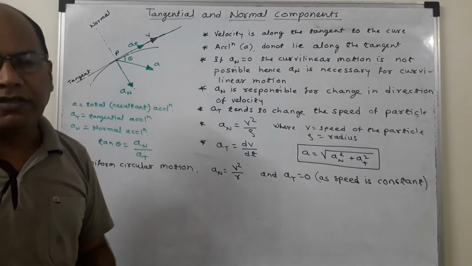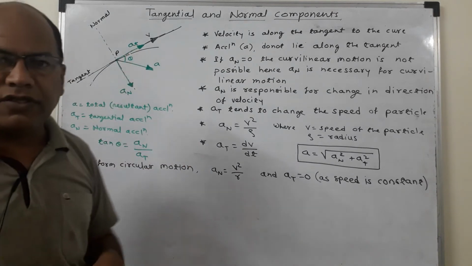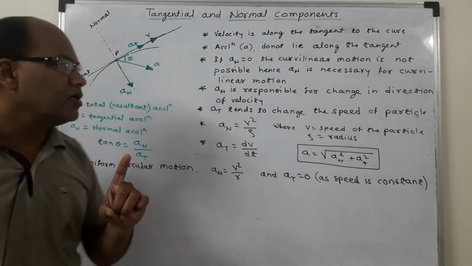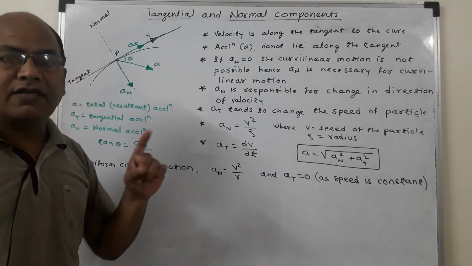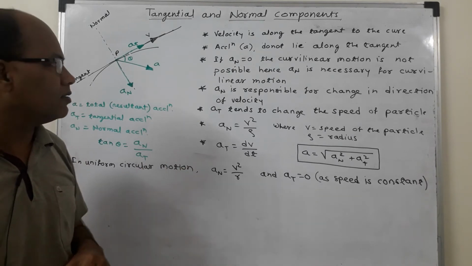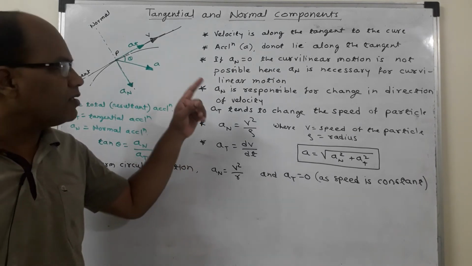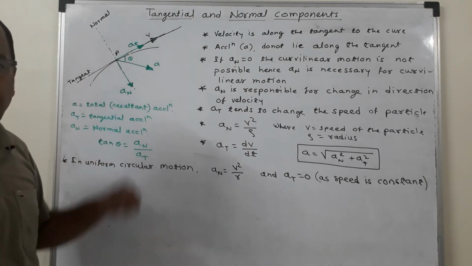The points to be kept in mind as far as curvilinear motion is concerned: first, the velocity is always along the tangent. The acceleration is never along the tangent, it may be along any other direction, and as such the acceleration is to be resolved into two components, at and an.